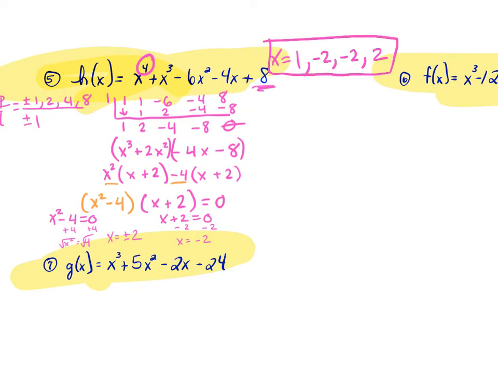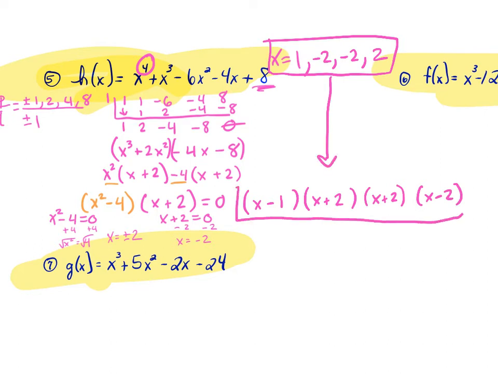We know we're done. How would we put this into linear factorization? Just x minus 1, x plus 2, x plus 2, and x minus 2. So this is just the linear factorization of our zeros.